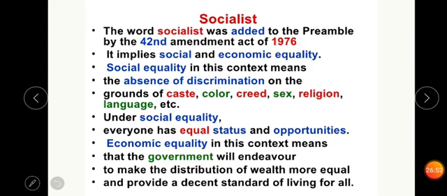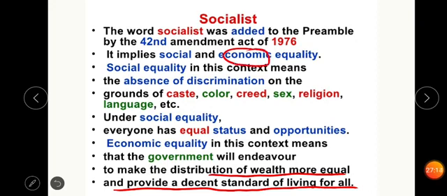Economic equality in this context means that the government will endeavor to make the distribution of wealth more equal and provide a decent standard of living for all. So the economic equality and social equality described here: in the social sense, caste, color, creed, sex, religion, language, on this basis no one can discriminate against the people of India.